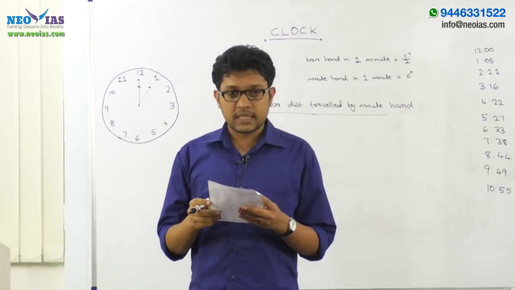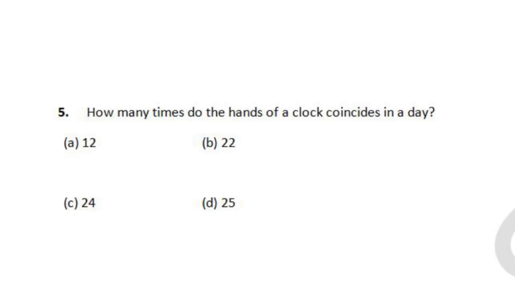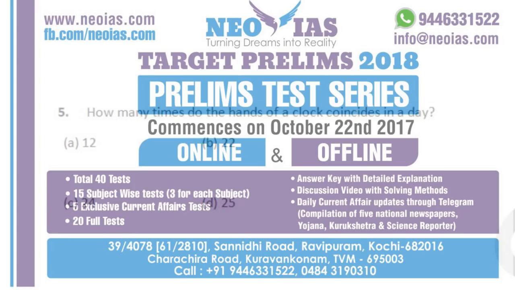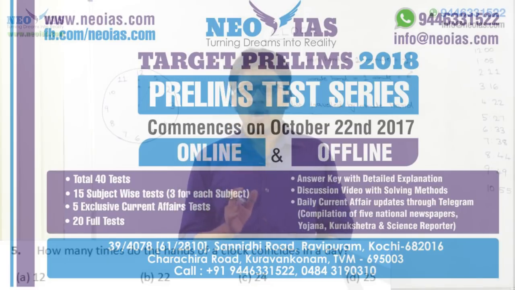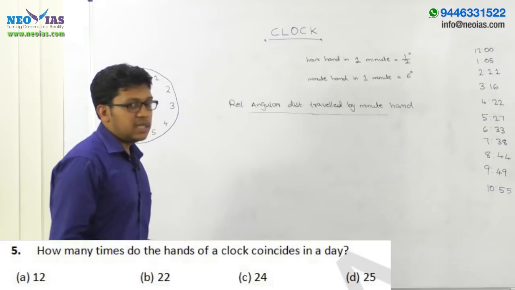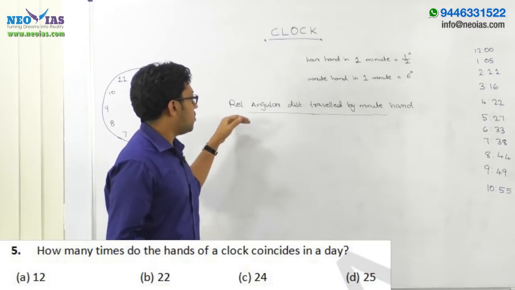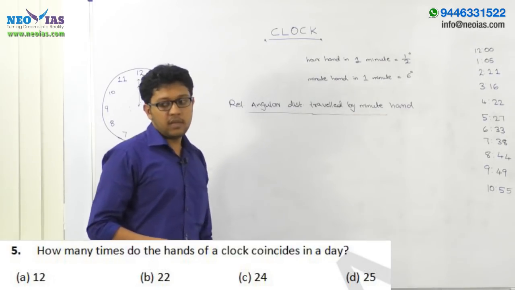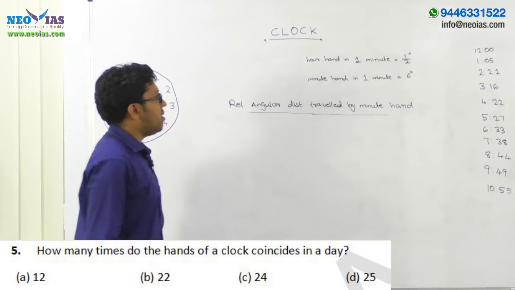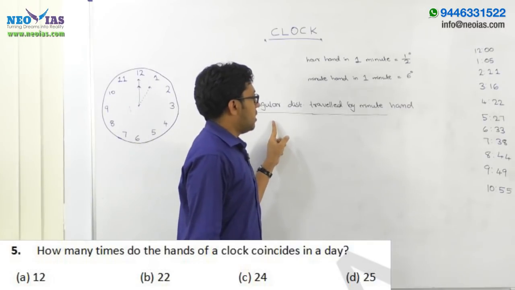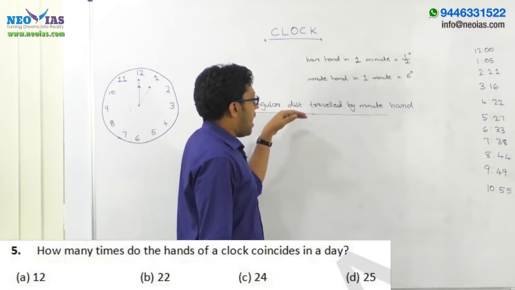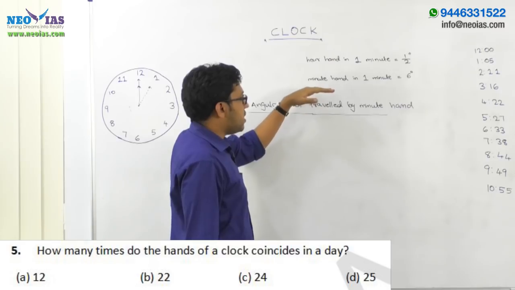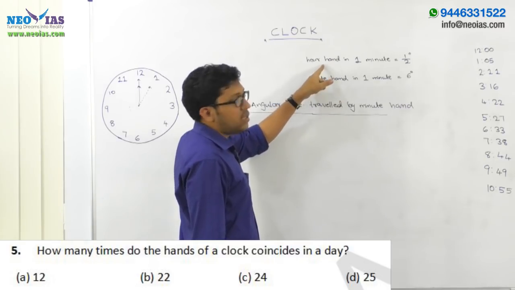Okay. Next question is, how many times do the hands of a clock coincide in a day? Thus we are going to find out how many times the hands of a clock are coinciding in a day. For this, first we have to study the relative angular distance travelled by the minute hand, that is the angle subtended by the minute hand in relation with the hour hand.